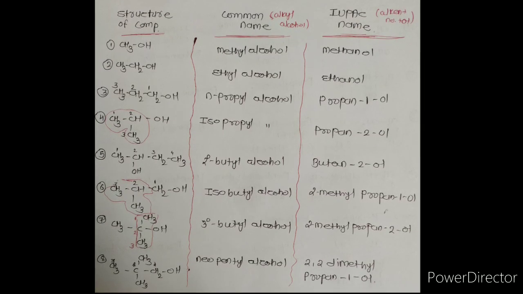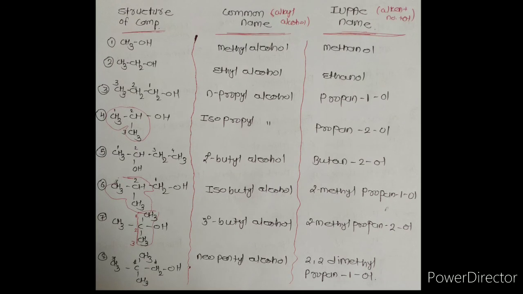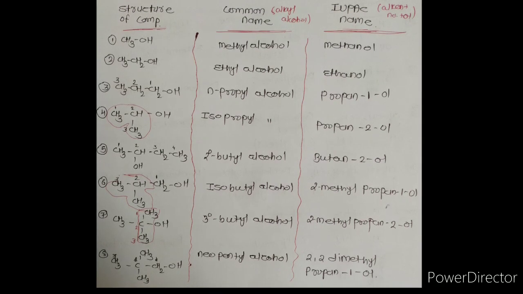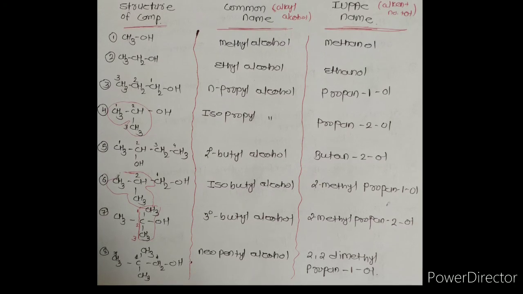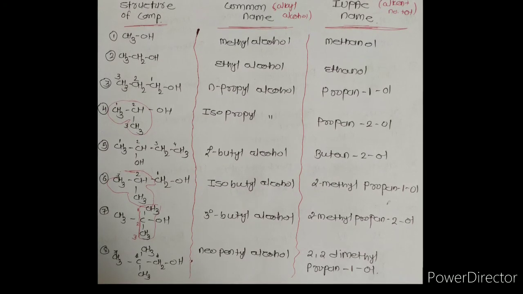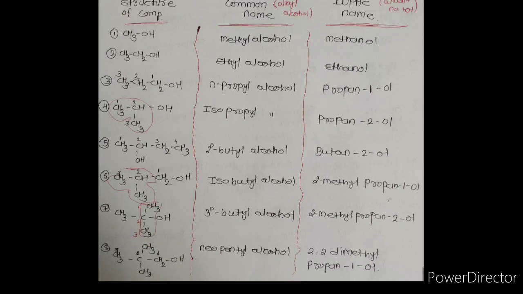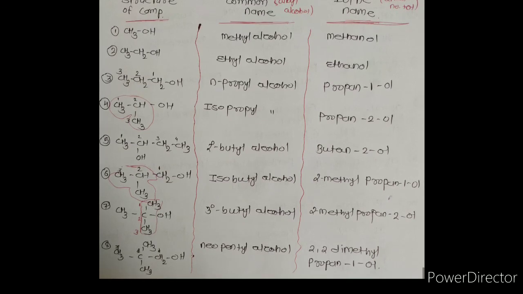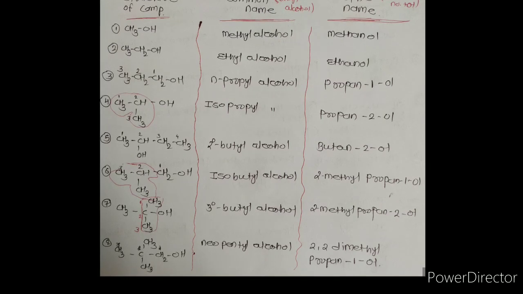Now the total number of carbons in that compound is 4, so it becomes butyl, and due to the OH group it becomes alcohol. So the final answer is 2 degree or secondary butyl alcohol. For its IUPAC name, the total number of carbons is 4, hence butane. The second carbon contains the OH group, meaning 2-ol. So the final answer is butan-2-ol.